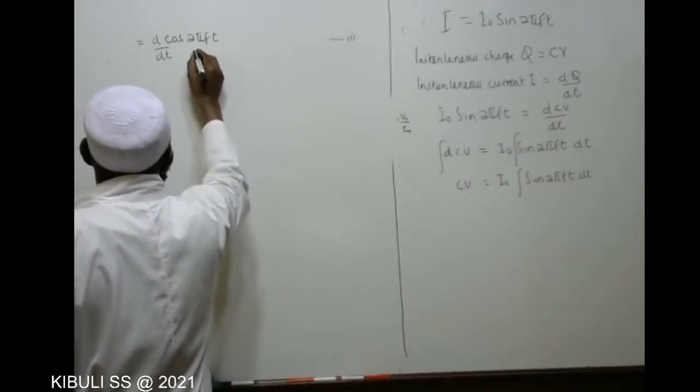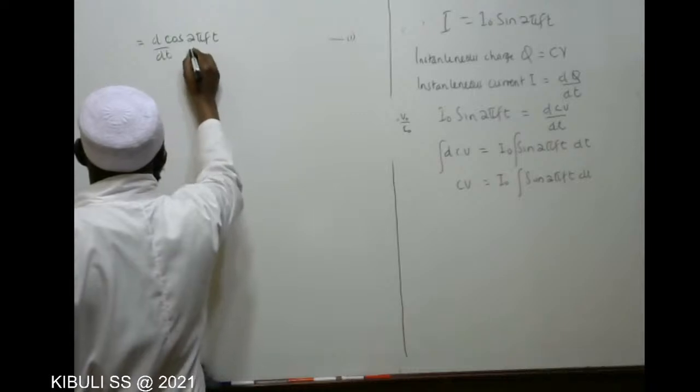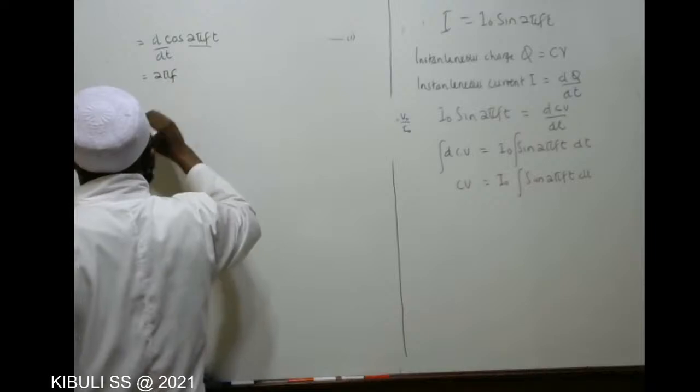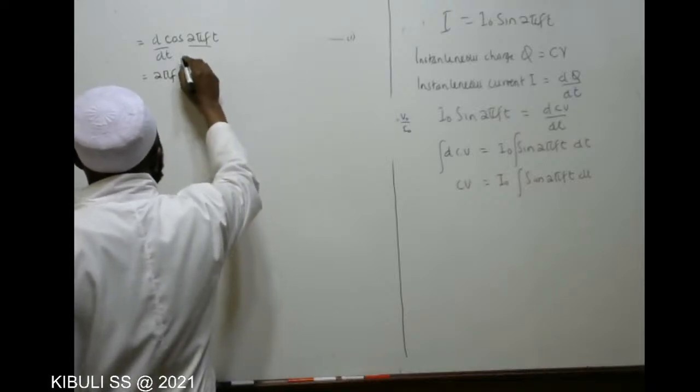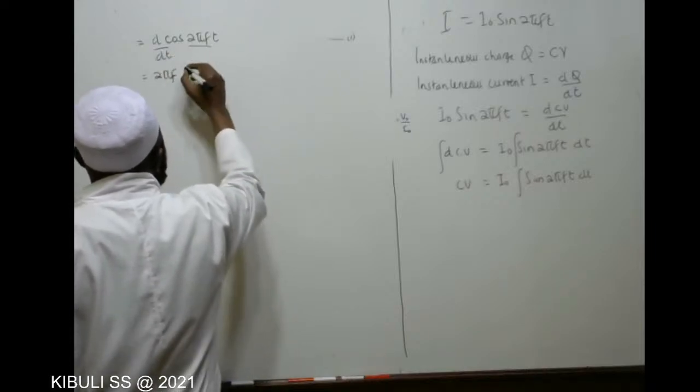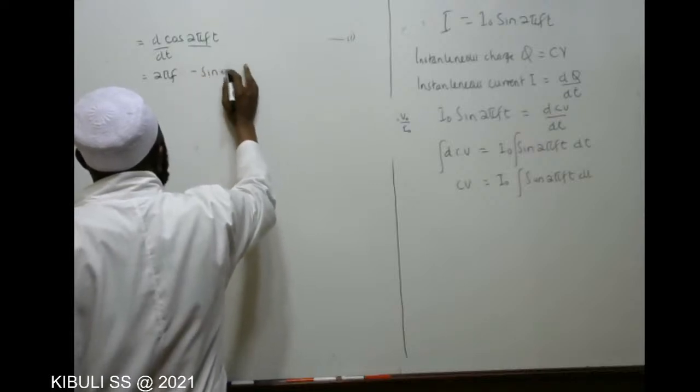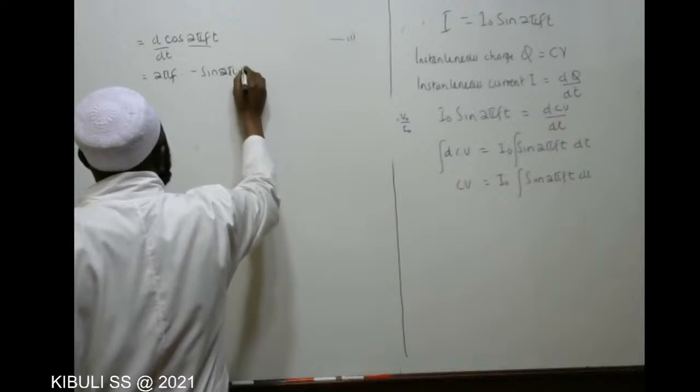We first differentiate the angle, so it's going to be 2 pi f. Then we differentiate the ratio. When you differentiate a cos, you get a negative sign. The angle is 2 pi ft.